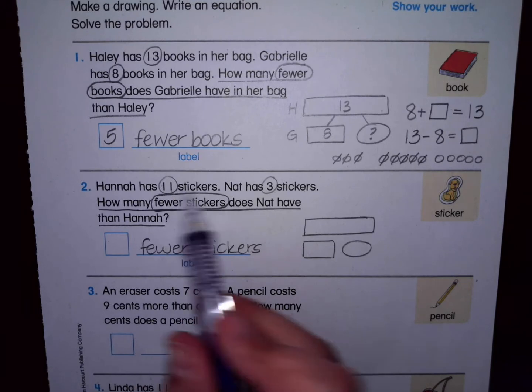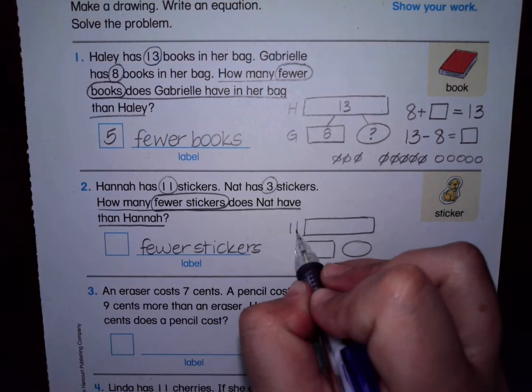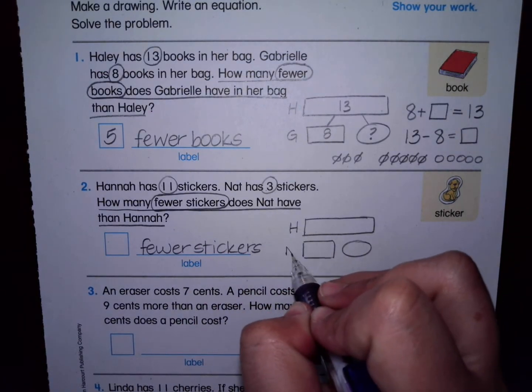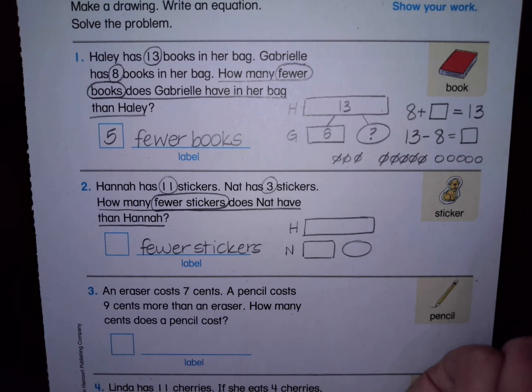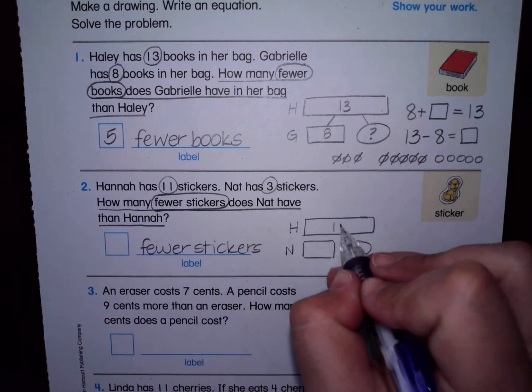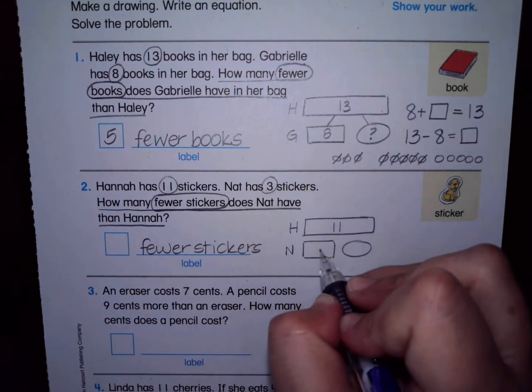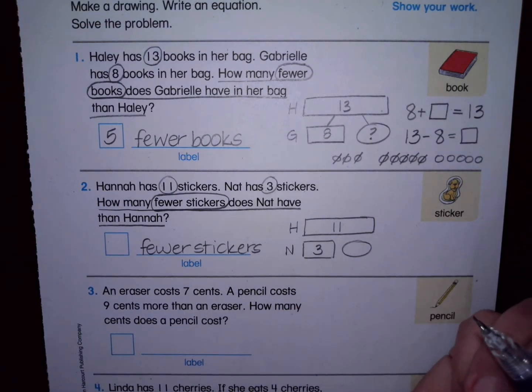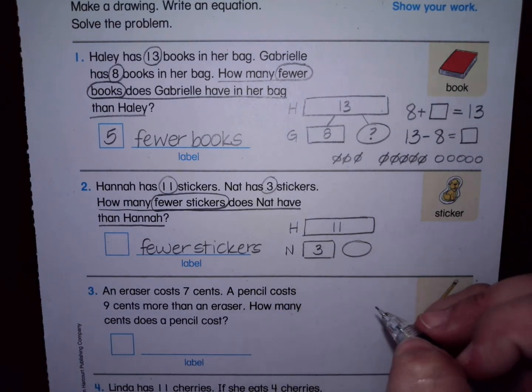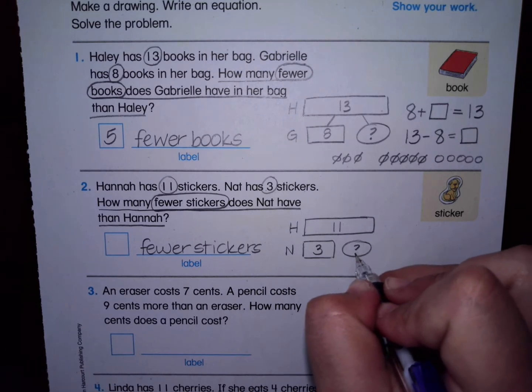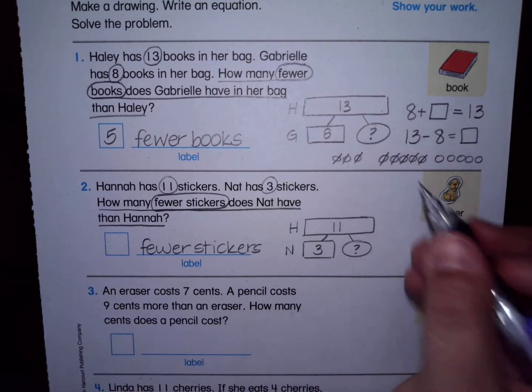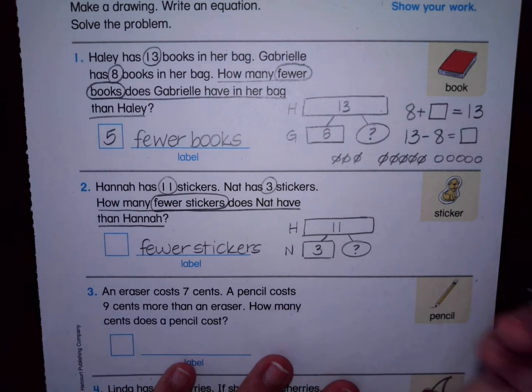I know that Hannah has 11 and Nat has 3. That tells me that Hannah has more, Nat has less. I know that Hannah has exactly 11, so that goes in her box, and Nat has exactly 3, so that goes in her box. And then my question mark is right here. Again, just like the one above, we're solving for a partner.